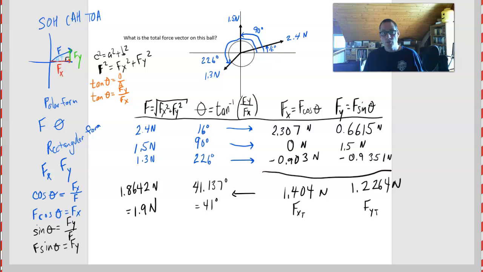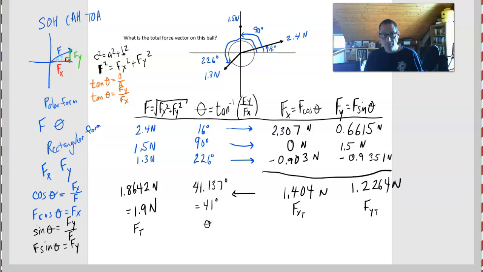You can see that's what we were thinking before, around 1.5 at 45 degrees. Well, 1.9 at 41 degrees, so it's coming out close. This would be called your F total, or resultant, and this is your theta. It's your final resultant total force on the ball.